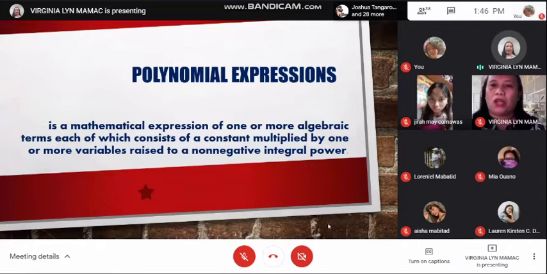A constant is the numerical coefficient being multiplied. Beside the coefficient are the variables, one or more variables, which are raised to an exponent that is a non-negative or positive integer. Okay, that is a polynomial expression.